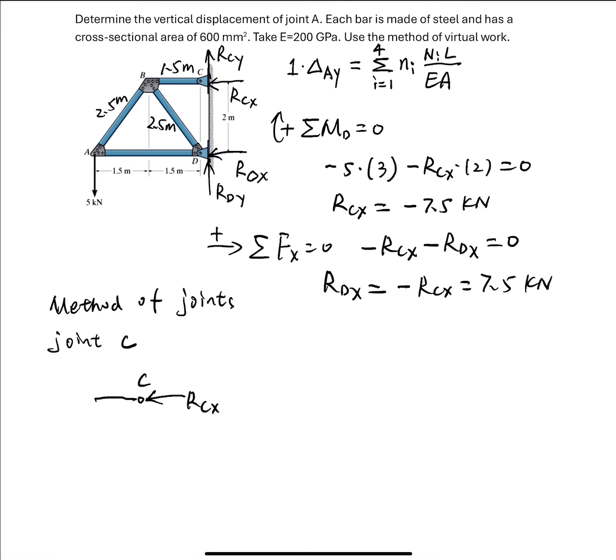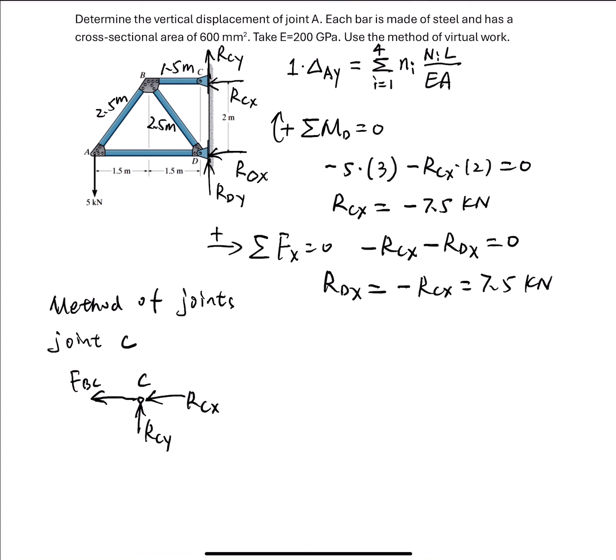We assume the member BC is in tension, so the member force FBC goes outwards from joint C, and we have RCY, in this direction.